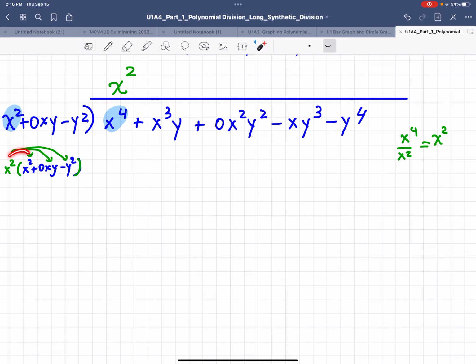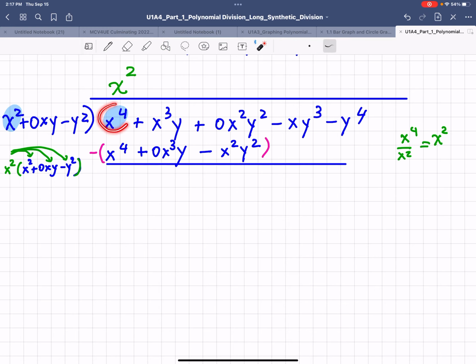So x squared times x squared, x to the 4. Next, x squared times 0xy is 0x cubed y. And lastly, we have x squared times negative y squared, minus x squared y squared. Subtract this. Draw the line.